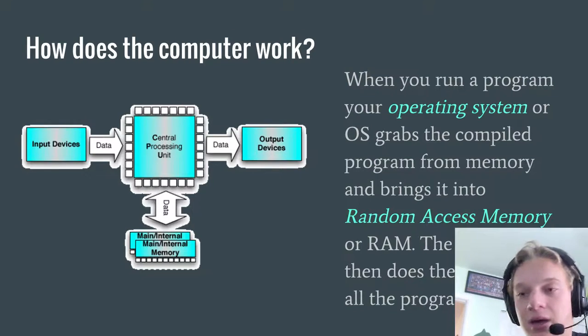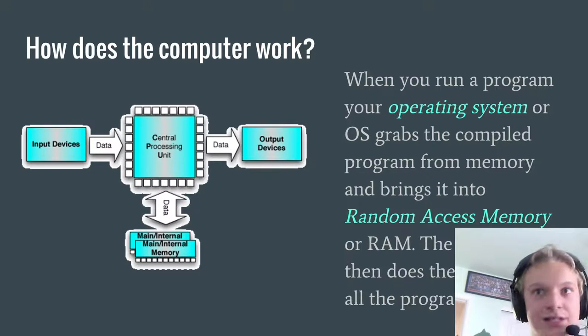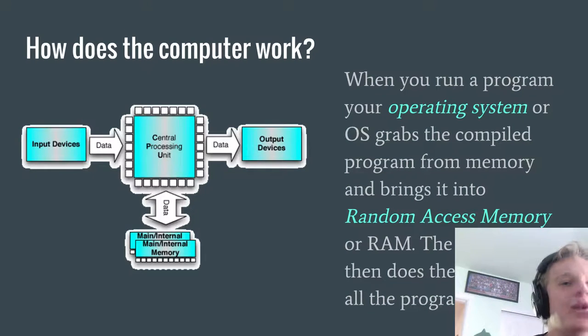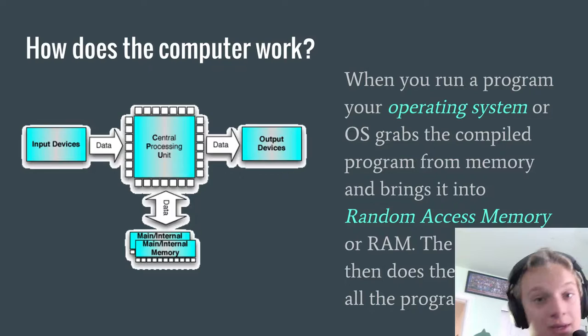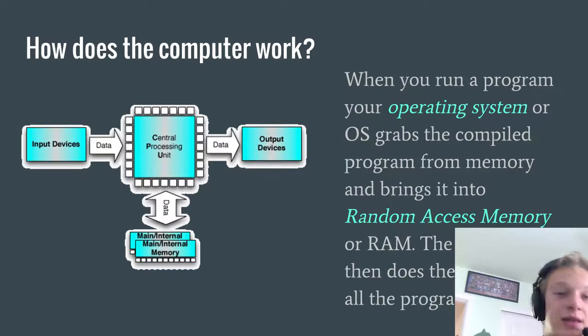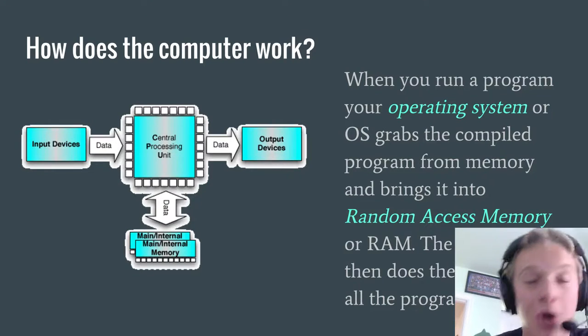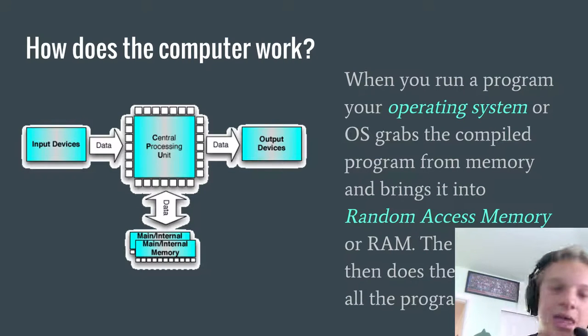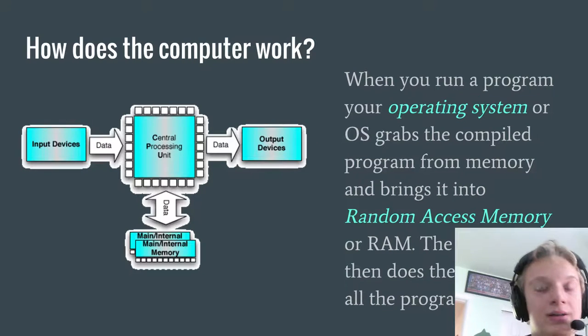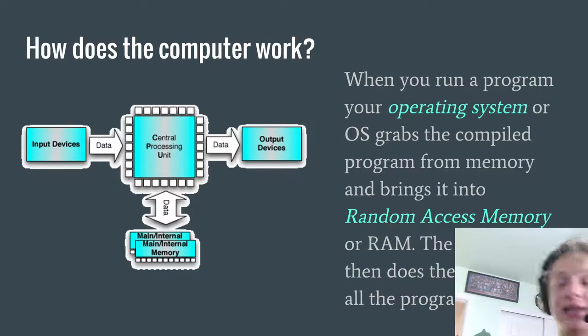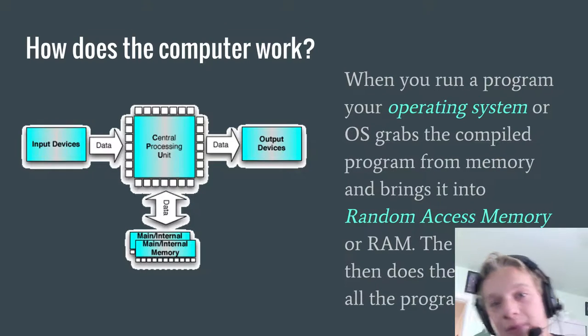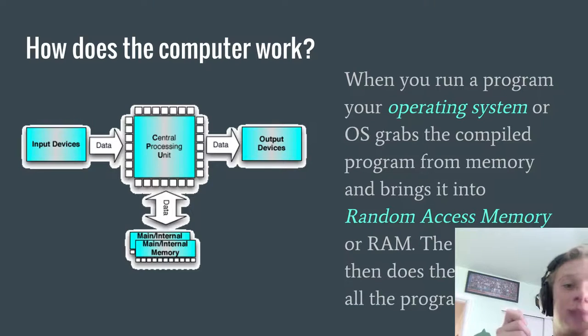Now, you have an operating system that turns on every time the computer turns on, and that is a program that sits in your RAM that tells the processor to grab certain things from certain locations. So when I open my computer, Windows shows up. And when I open a program, Windows says, okay, let me go off and grab it from wherever it's sitting in memory. So it grabs the program from memory, takes it out, and puts it in a place called RAM.